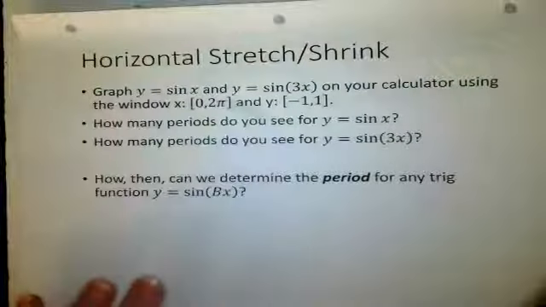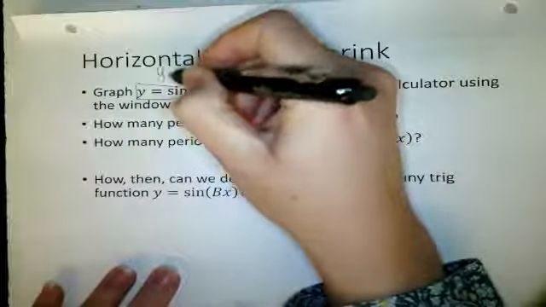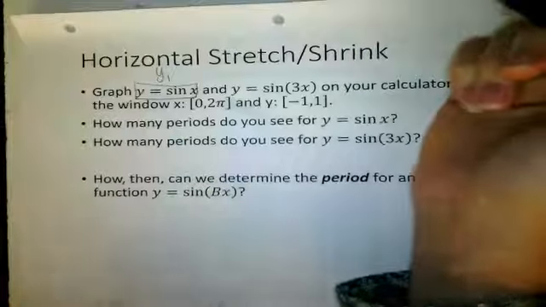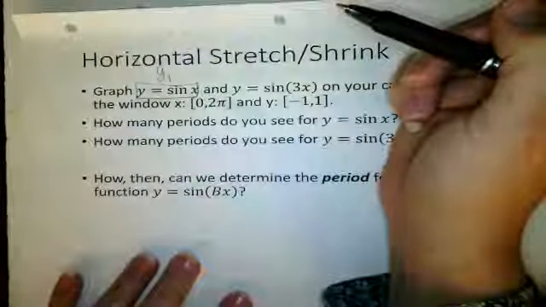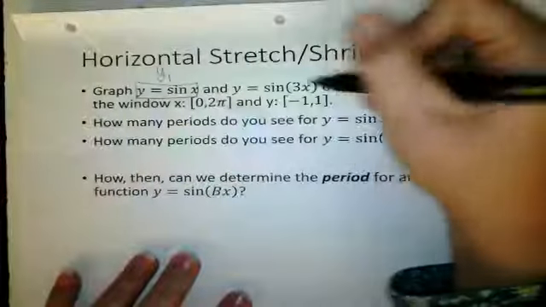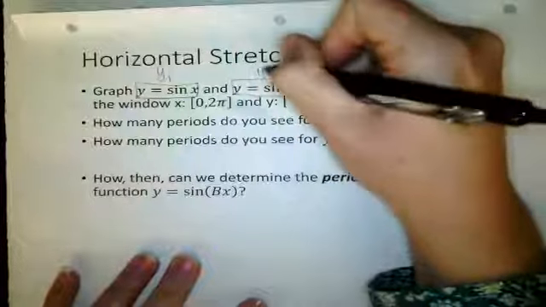So, again, let's look at our calculators and see what's happening here. We have our normal sine function, which normally starts at 0 and ends at 2 pi. And then I want you to put in y2, this other function.